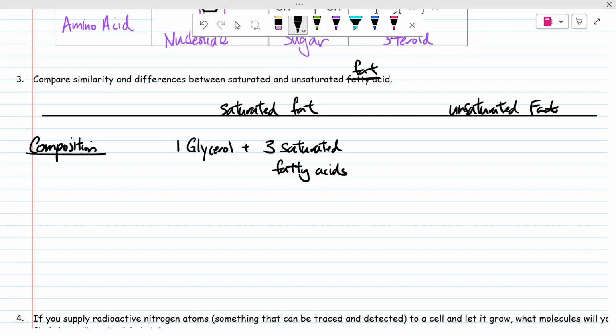I'm just going to switch color for the other one so they don't look too similar.